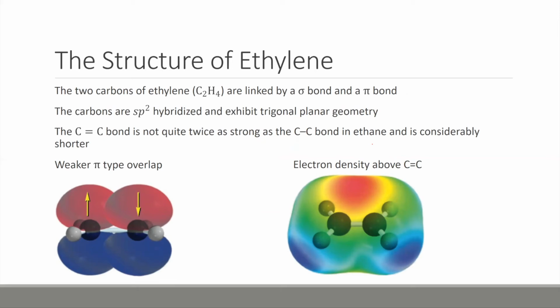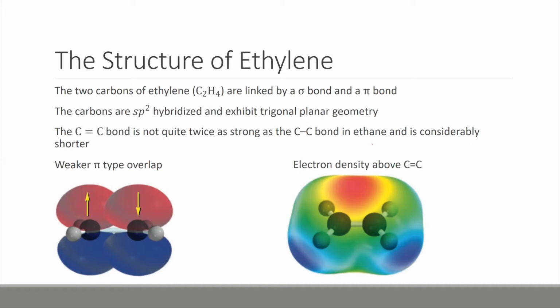Taking a deeper look into the double bond itself, we can use the example of ethylene or ethene. This is a 2-carbon long double bond. This is the simplest double bond you can have between 2 carbons. Remember that when you have a double bond, the carbons involved in that double bond are sp2 hybridized.